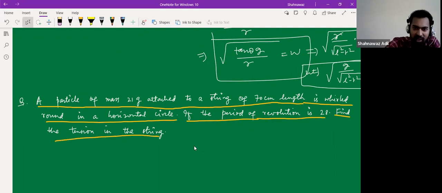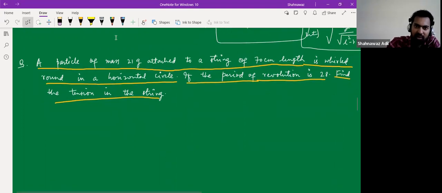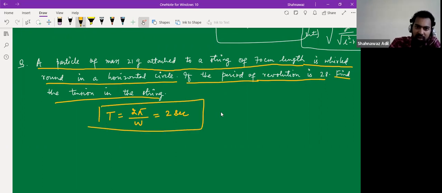So this time the period of revolution is given, right? So T, which is 2 pi by omega, right? So this is given as 2 seconds. And we have to find the tension.